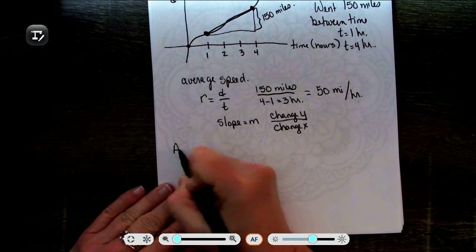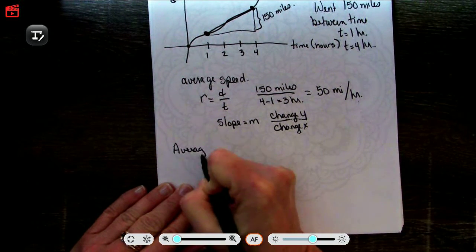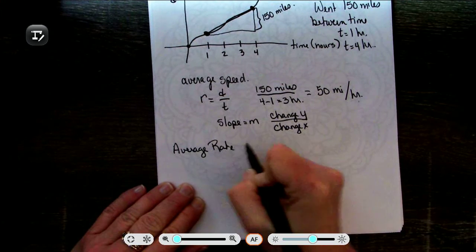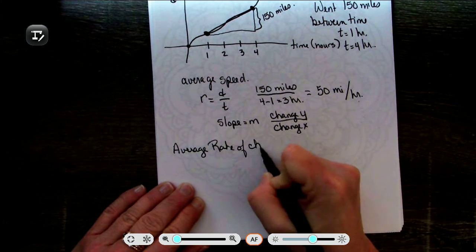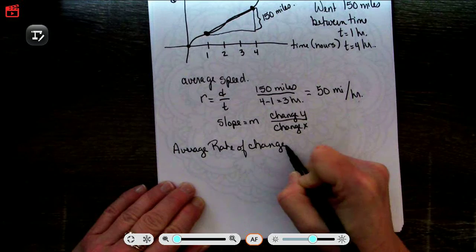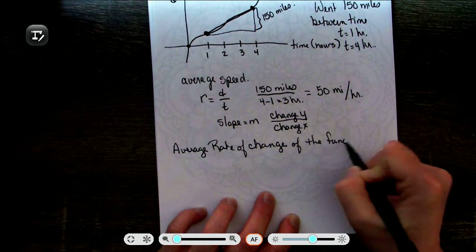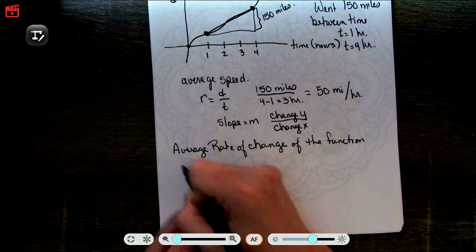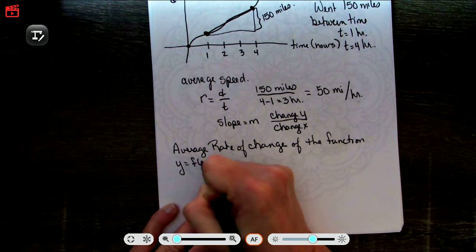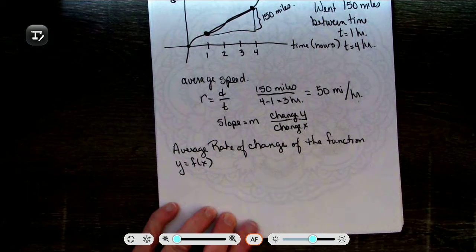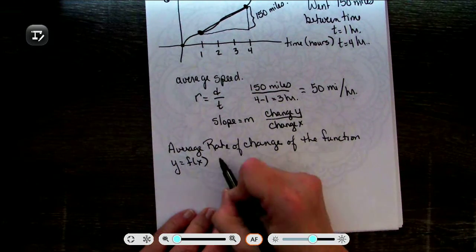So here's the definition. The average rate of change of a function, or of the function. And we'll say y equals f of x. After all, they are the same. They're just different names for the same thing.